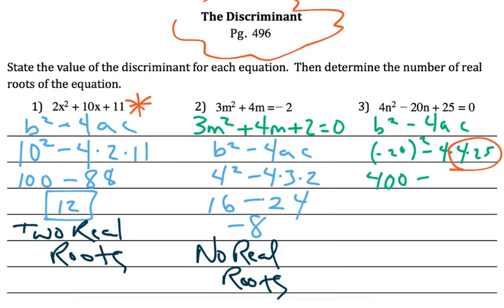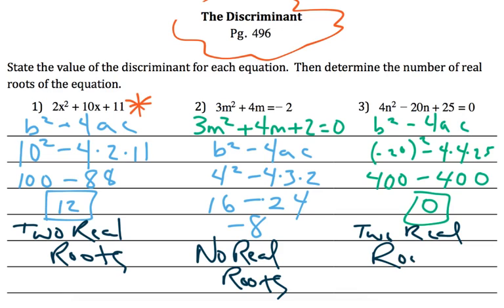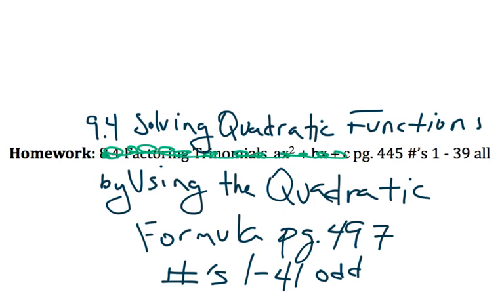Well, 4 times 25 is 100, times 4 is 400 all over again. So this would be 0, and hopefully you put that this is two real roots. I like to write the word two out, since we're in words, and professionally, one shouldn't start a sentence with a number unless it's greater than 100, I think is the rule.